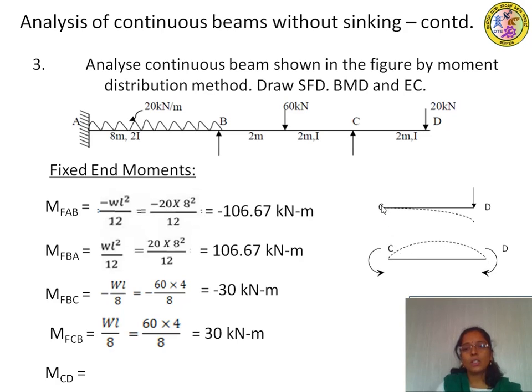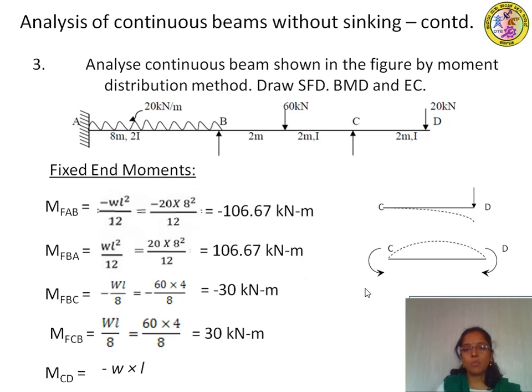Therefore, C is the left end. At the left end we have a moment in the direction of anti-clockwise. So the magnitude of moment for MCD will be negative because it is anti-clockwise in direction, and the magnitude is load into distance, that is equal to minus W into L, where W is the magnitude of the load and L is the length.